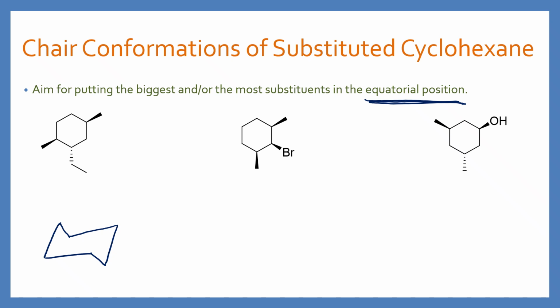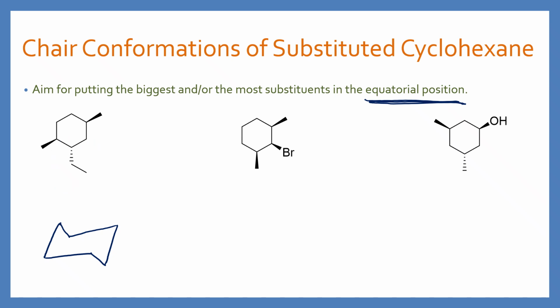So what I tend to do is I try to look for a place where I can put whatever my equatorial thing is in the easiest equatorial position. So I have my largest group here, and this ethyl isn't much bigger than the methyl groups by any means.